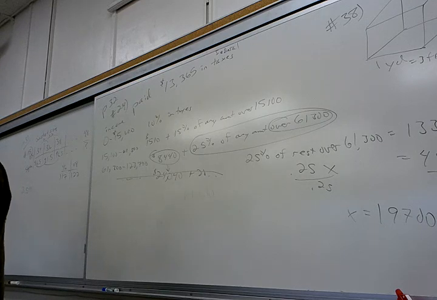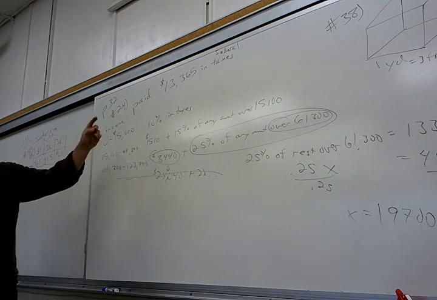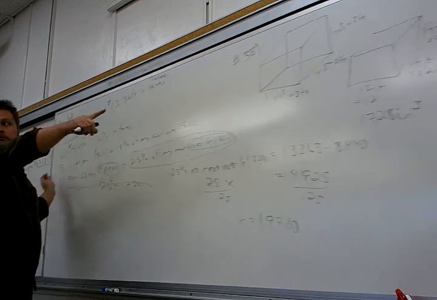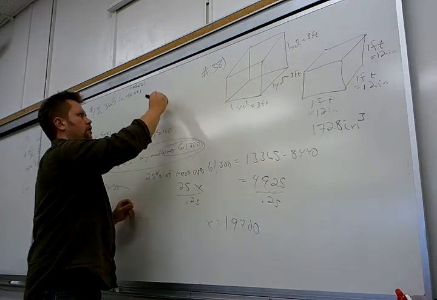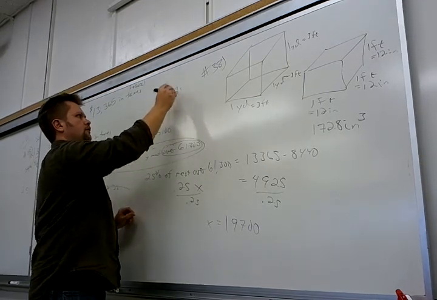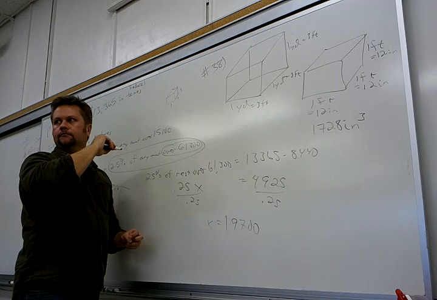I have another quick question. Yeah. For number 40, where it says the cube, what happens if the cubes were all doubled? So do this here. If it was 1, 1, 1, what's the volume? 1.